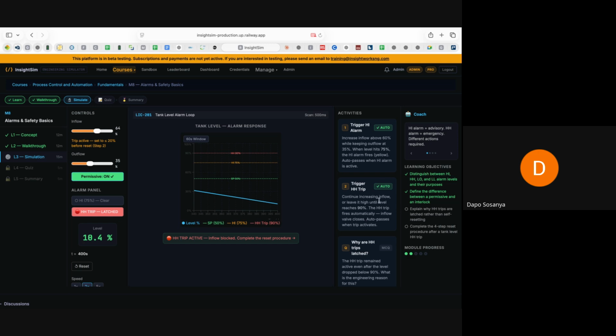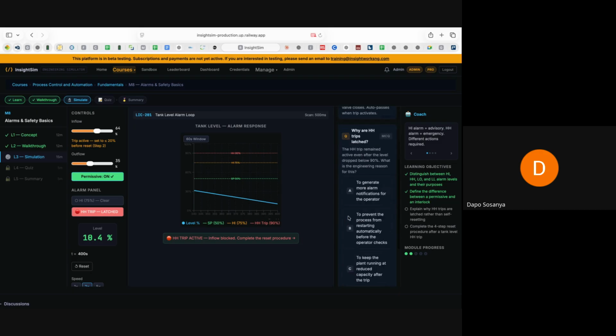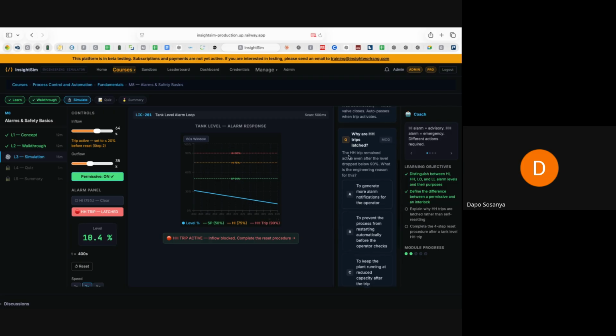Okay. Continue increasing inflow or leave it high until level 90. So we've achieved that. I have a question here: why are HH trips latched? The HH trip remained active even after the level dropped below 90%.